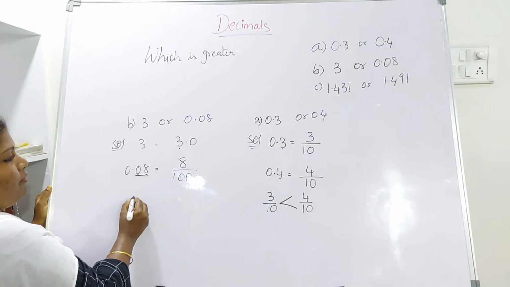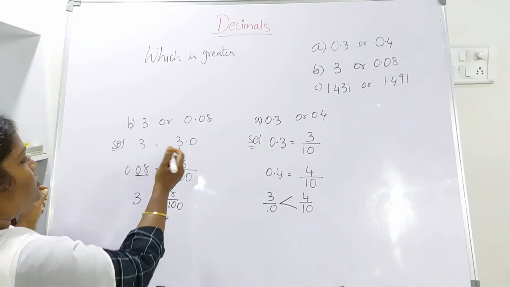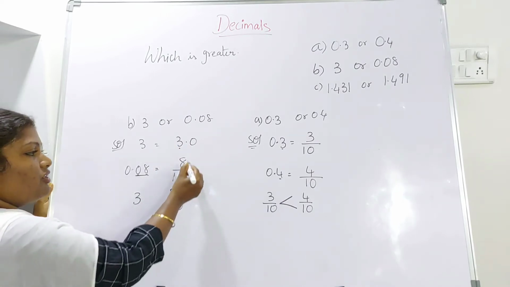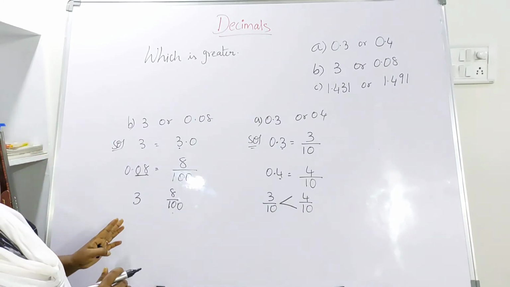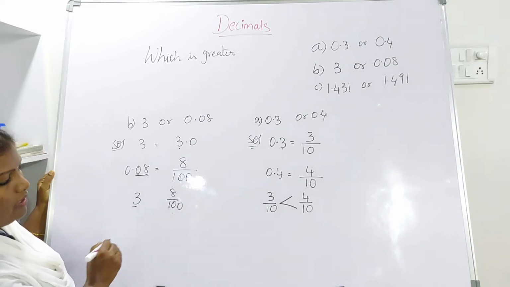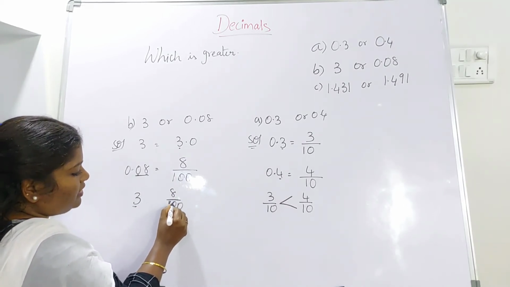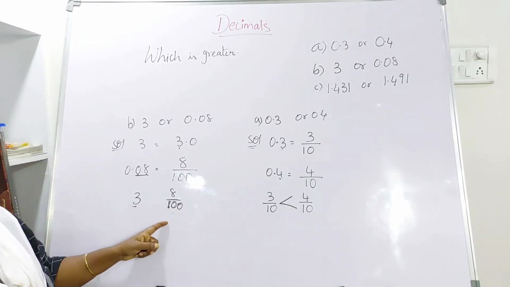So let's compare. So 3, 8 by 100. So here we have 3 and 8 by 100. Actually you can reduce it into lowest terms, but here we need to compare the fractions. Now see, 3 is a whole number, and here one part is being divided into 100 parts.